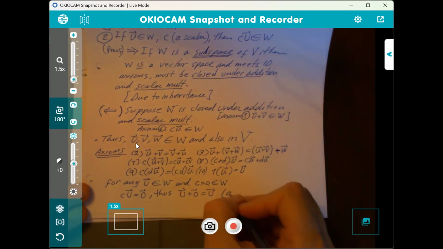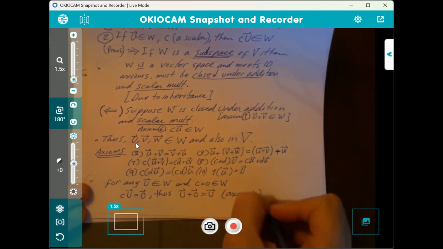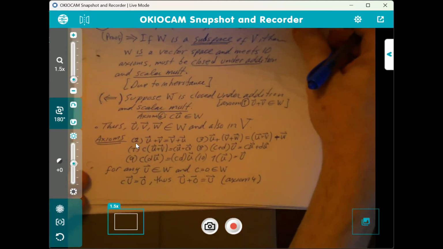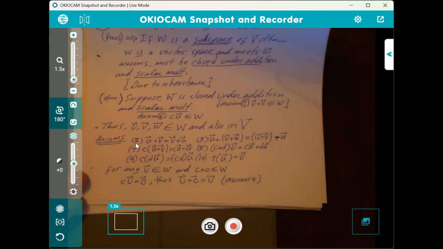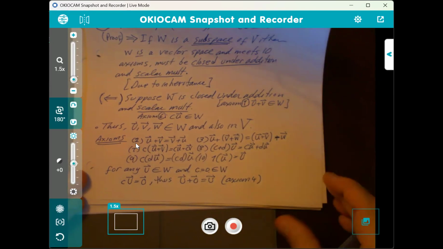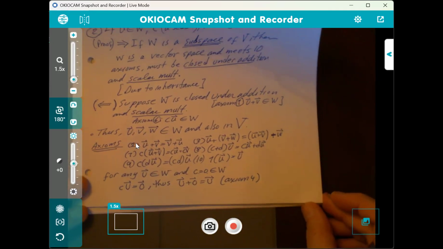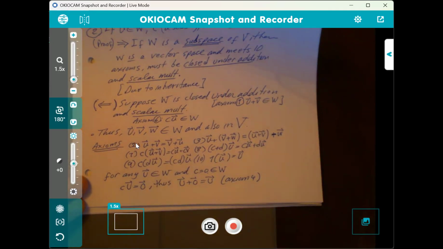And this is exactly axiom 4. Okay, so axiom 4, therefore, is satisfied. We just need to show one more axiom is satisfied, and then W becomes a subspace of V.